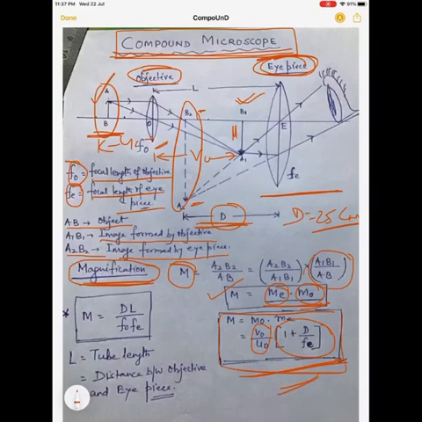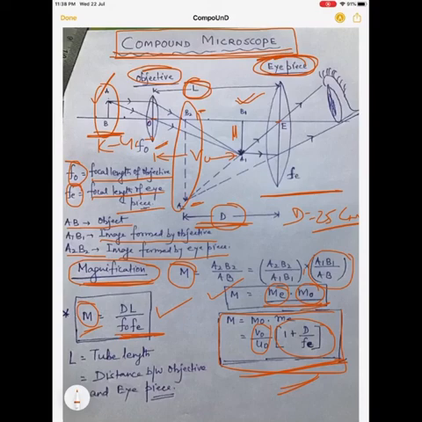If we do a simple calculation, then another result we can get: magnification is equal to DL upon F0 FE, where D is 25 centimeter, that is the least distance of distinct vision, and L is called the tube length, the distance from objective to eyepiece. So another expression for magnification is DL upon F0 FE.